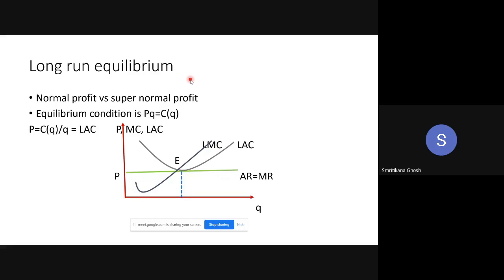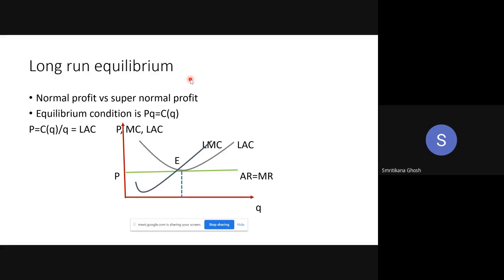Now you can ask me, if there is no profit, why should the firm produce? Because this is their income. If their income is zero, why should they produce? They should live. Yes, true. But I'm talking about supernormal profit. There is also normal profit. What is the function of the firm? They are the entrepreneurs, the management part of the production process.